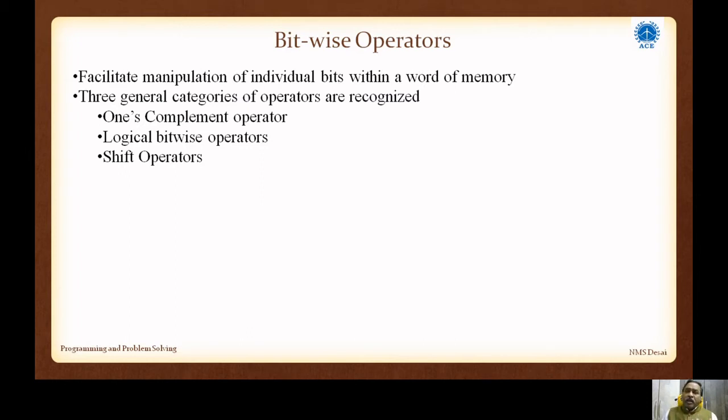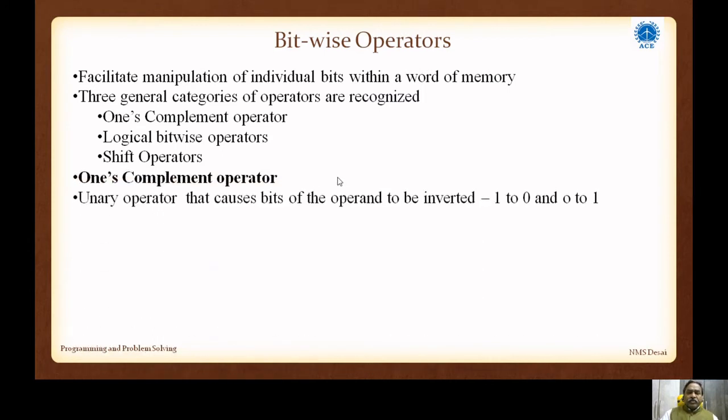One, the operand on which operation is to be performed, and the second one, the number of shifts that is required. The symbol that is used is greater than and less than symbol. Double greater than will shift to right side. Double less than will shift to the left side by the number of bits. We will see the syntax of each of this.